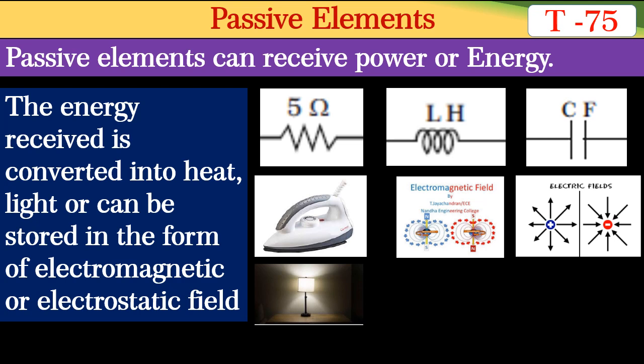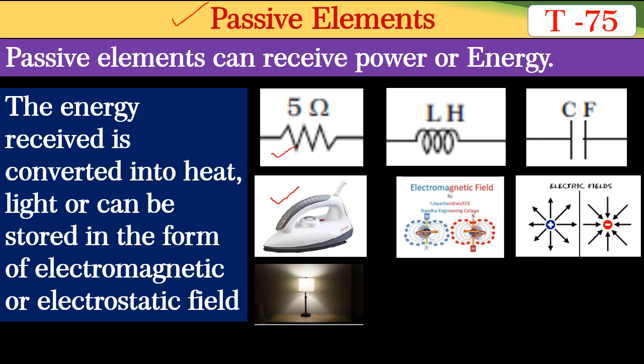Friends, here are some examples of the passive circuit elements. The first one is the resistance. Here you see an electric iron, and its element is a resistance.